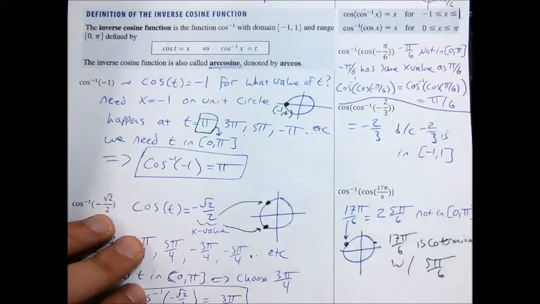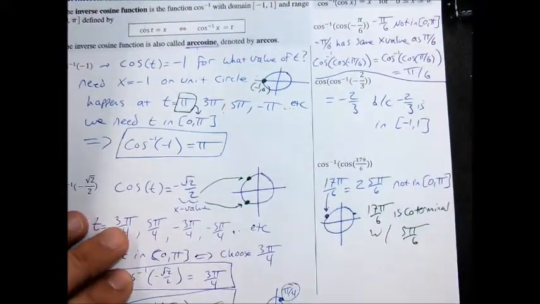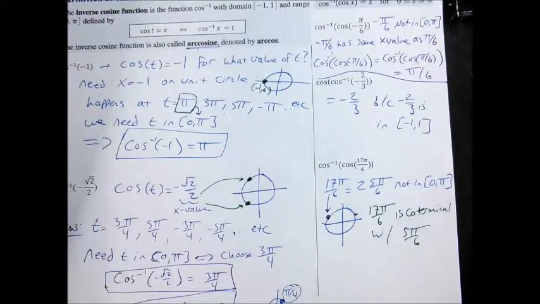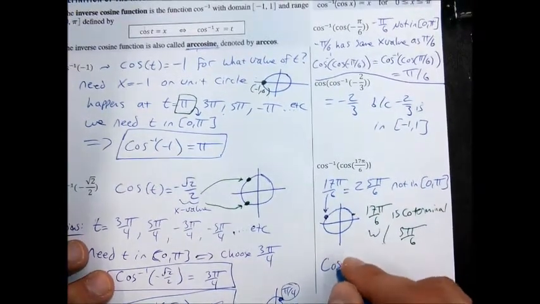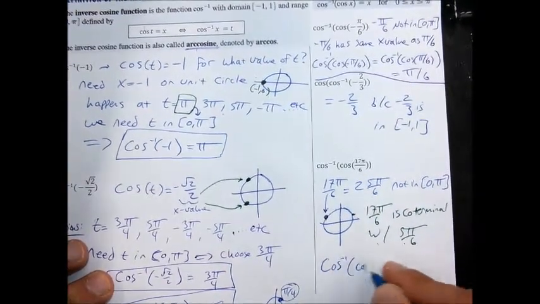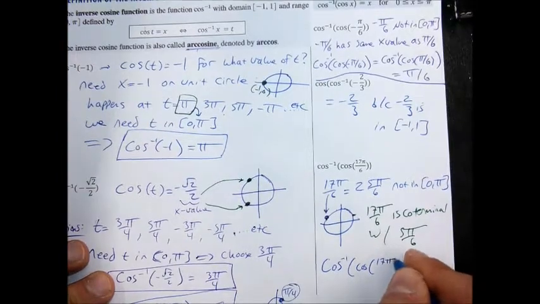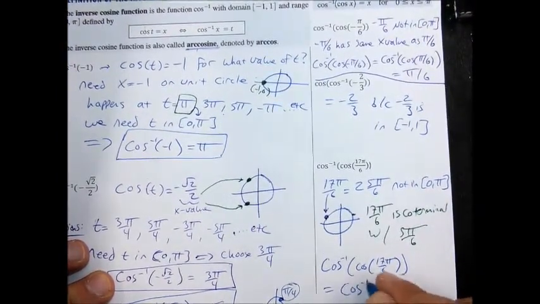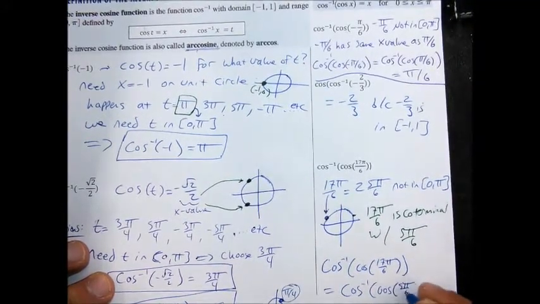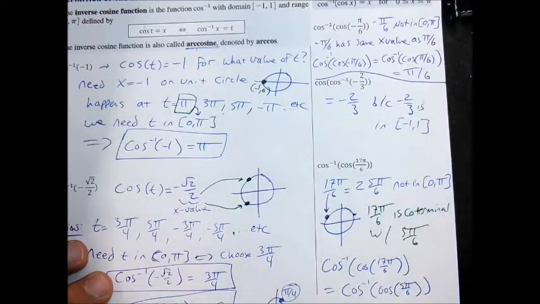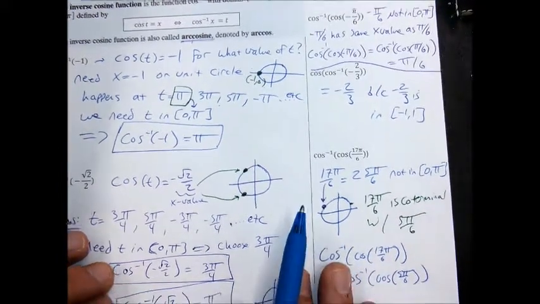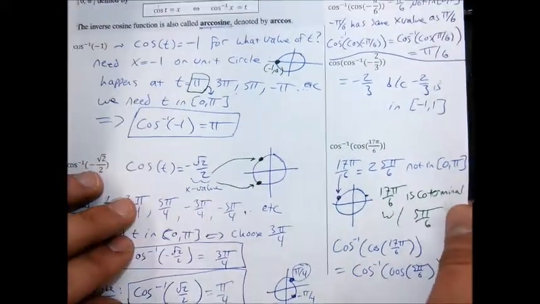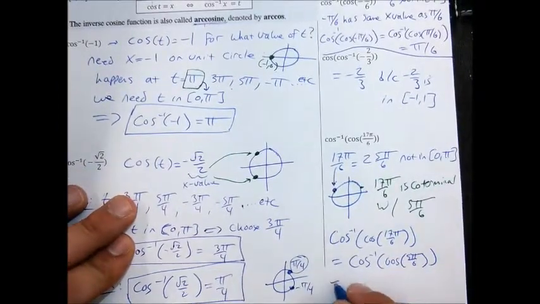So what we'll say is our original cosine inverse of cosine of 17 pi over 6 is the same thing as cosine inverse of cosine of 5 pi over 6. And since 5 pi over 6 is between 0 and pi, that's the answer.